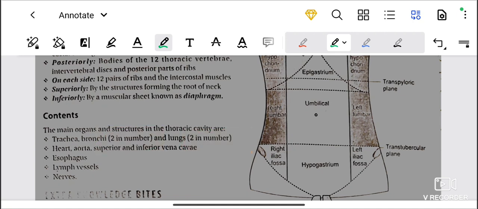And the heart, aorta, and superior and inferior vena cava will pass through, and the esophagus will be present, and lymph vessels and nerves will be present. Remember these contents.